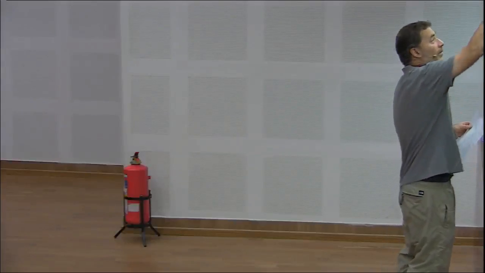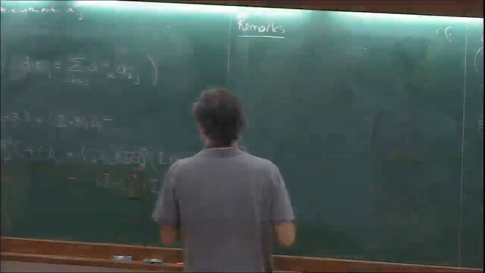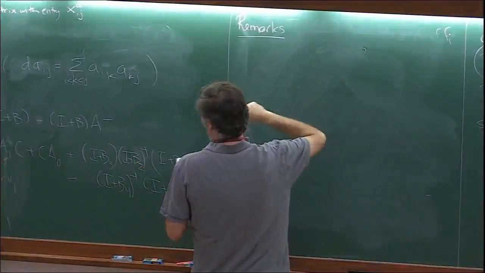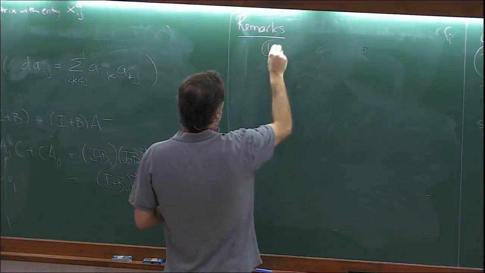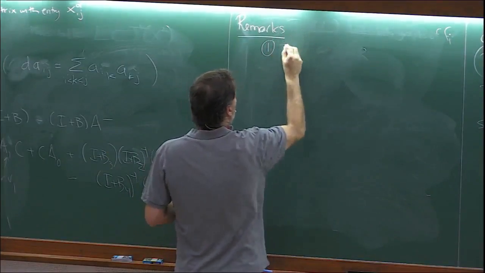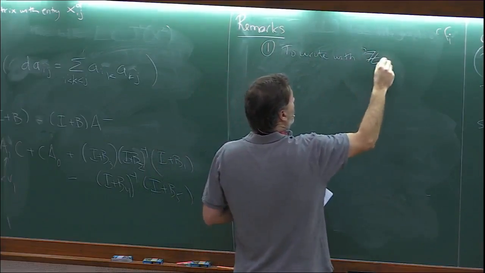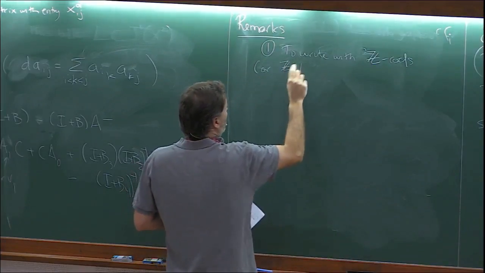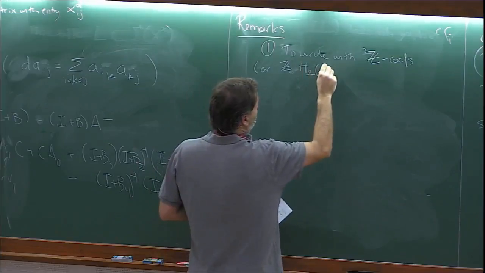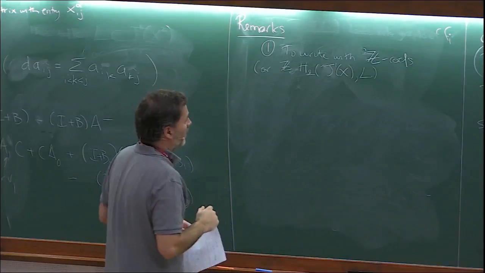So let me make some remarks. First of all, if I really want to write this with signs, or more, or something like Z2, Z[H2], this is kind of the most general. Actually, to tell you the truth, we can't even do that.